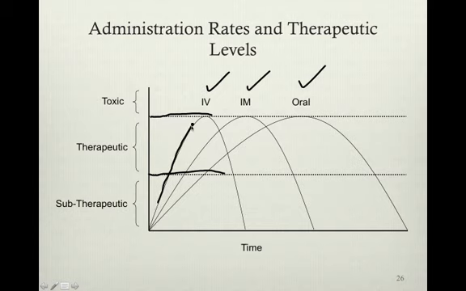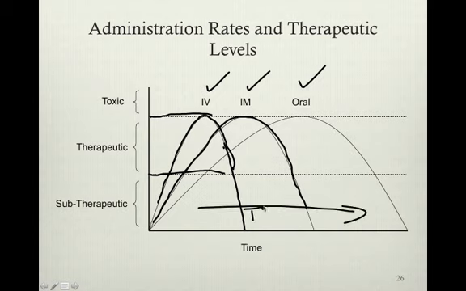Whenever you give an IV drug, you get a high therapeutic dose and then it goes away because it's being eliminated immediately at the point that it makes its active metabolite or hits its receptor site. You start the half-life of the drug. And then you have the intramuscular, which has to go through a tissue bed, so it's going to stick around a little longer. And this is time. And then the oral version of it, which you have to give more drug for the same therapeutic response, but it lasts a whole lot longer than the IM or the IV shot.